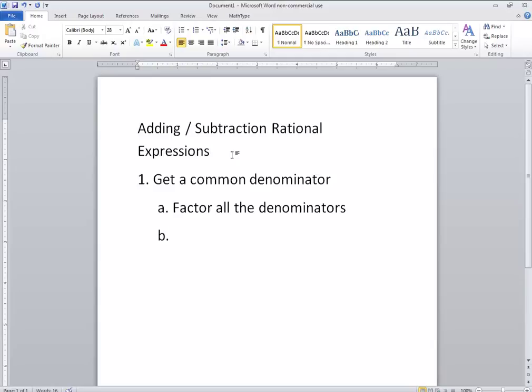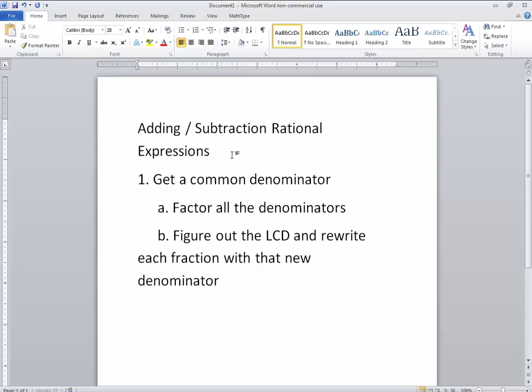Then our second sub-step is to figure out the LCD and rewrite each fraction with that new denominator. LCD is least common denominator.